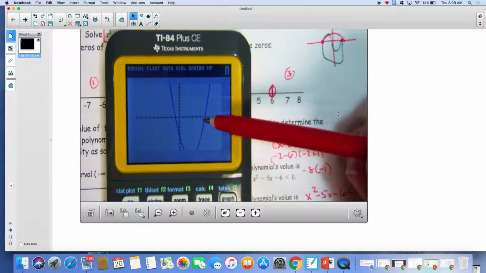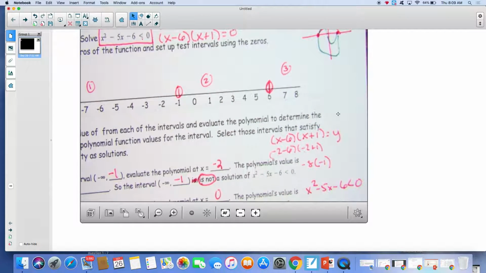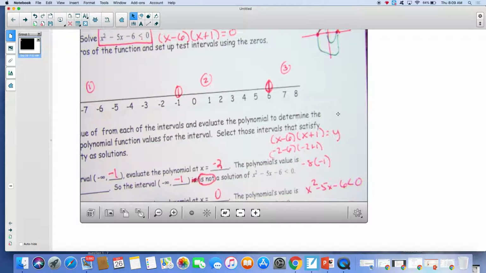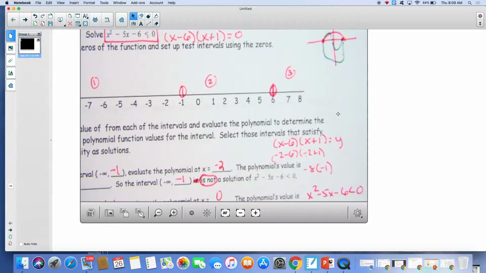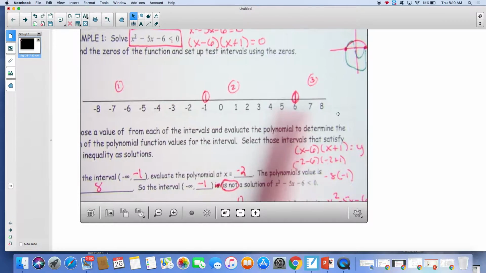It falls below the x-axis between those two x-intercepts in the middle. Now, we're not going to fill all this in when we do these problems. We're going to use a number line and do a lot of this work in our head.